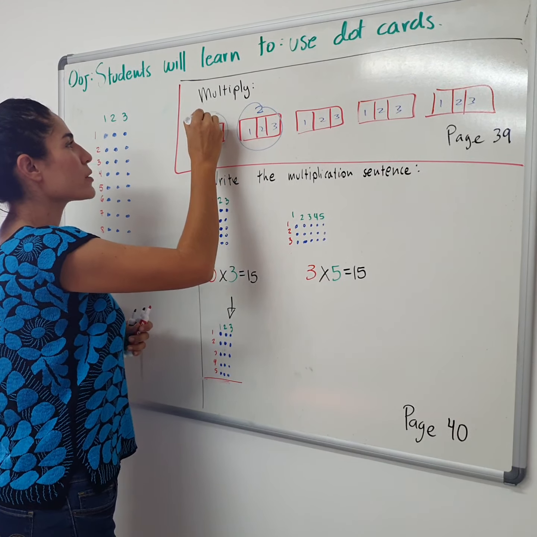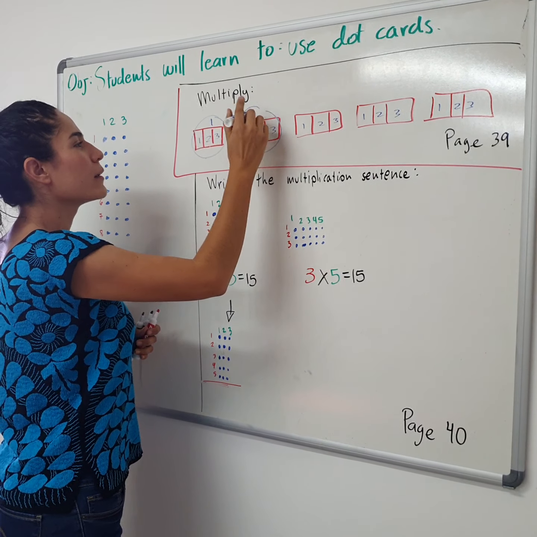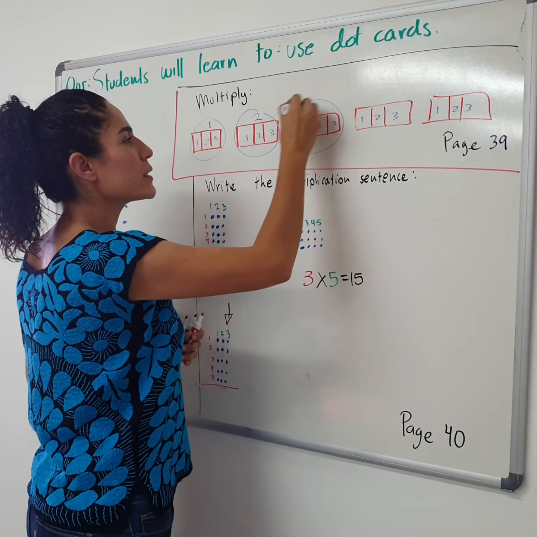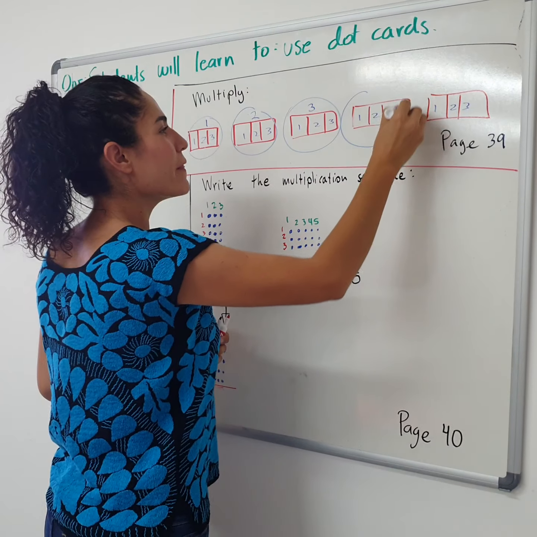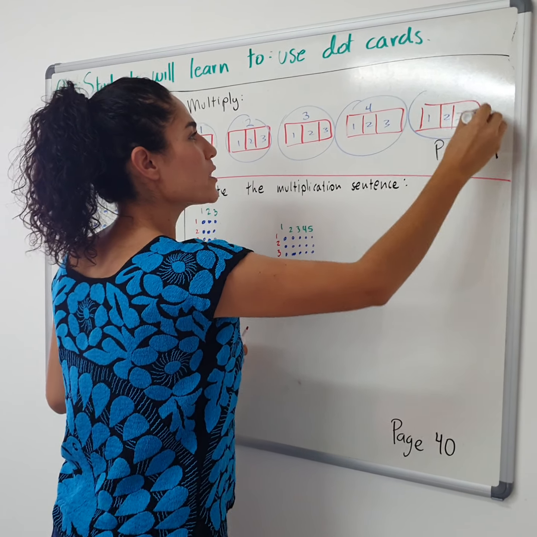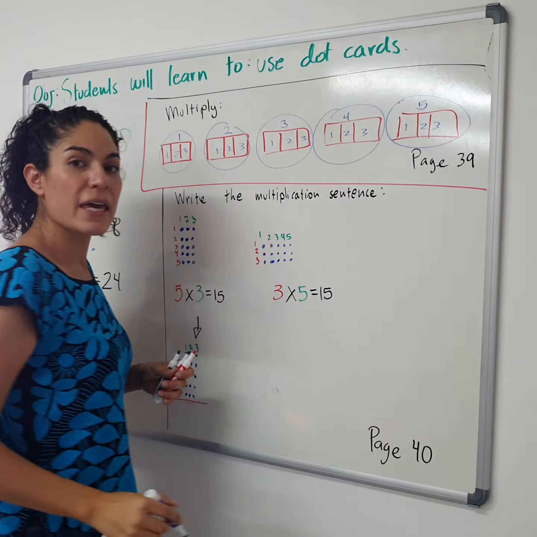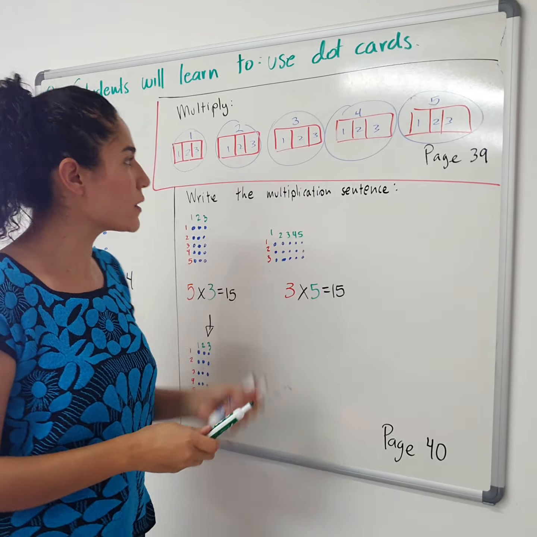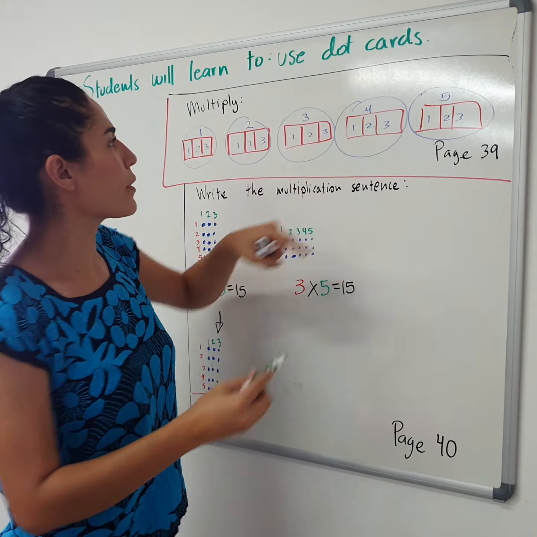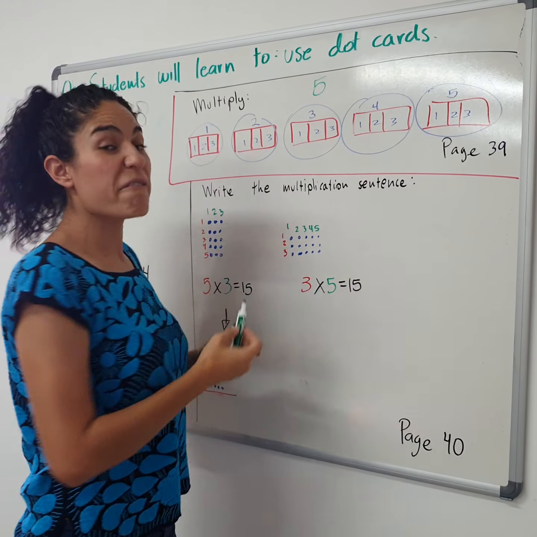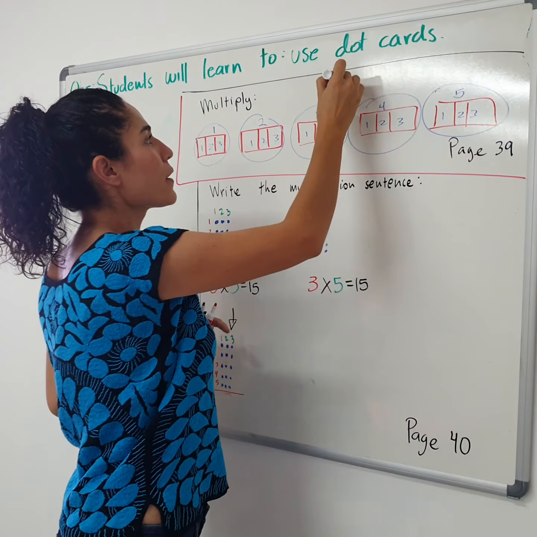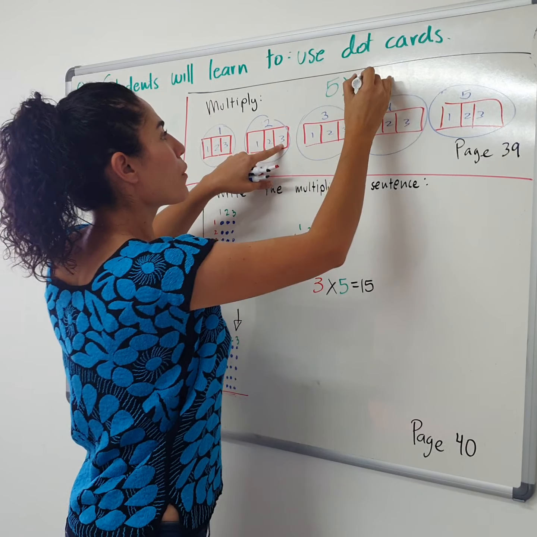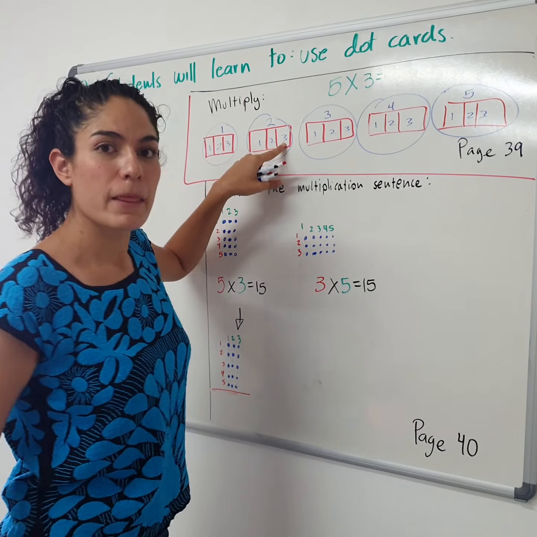I'm sorry, my numbers are ugly today. Number 2, this is my group number 3. This is my group number 4. And this is my group number 5. If I need to show this as a multiplication sentence, I know that I have already 5 groups of the number 3, right?